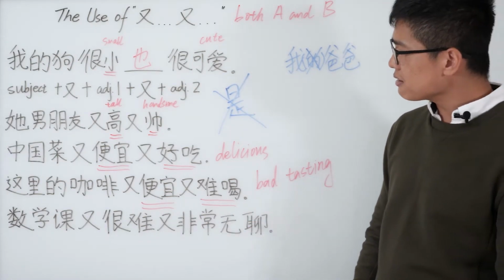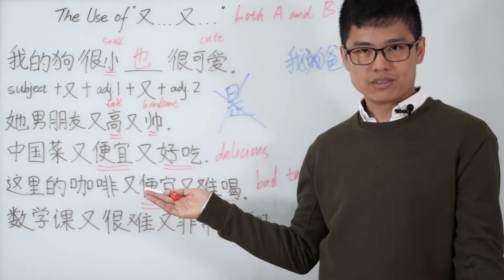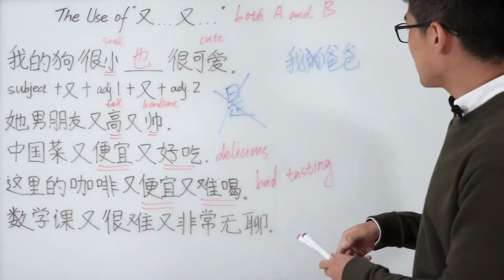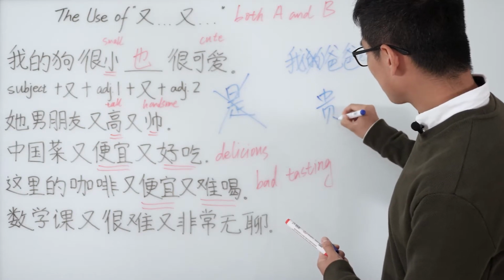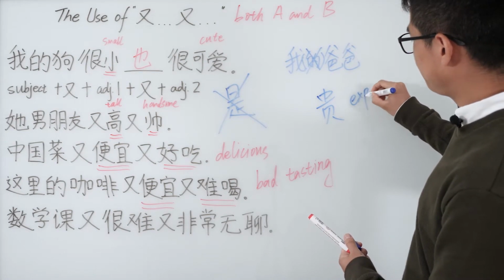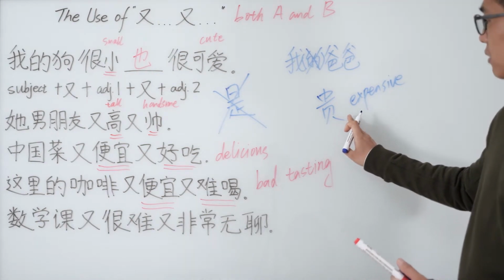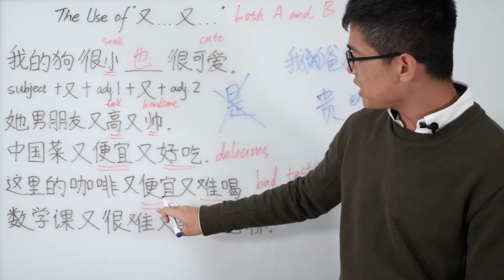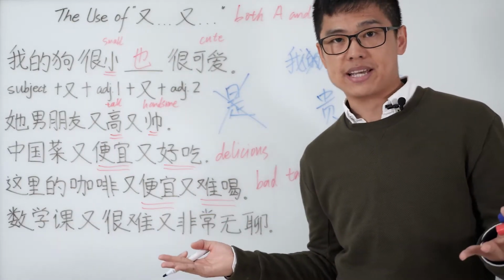So we can either fix here into another bad one. For example, we can change it to 贵, expensive. Expensive. 又贵 is both expensive and bad tasting. Now it makes sense.